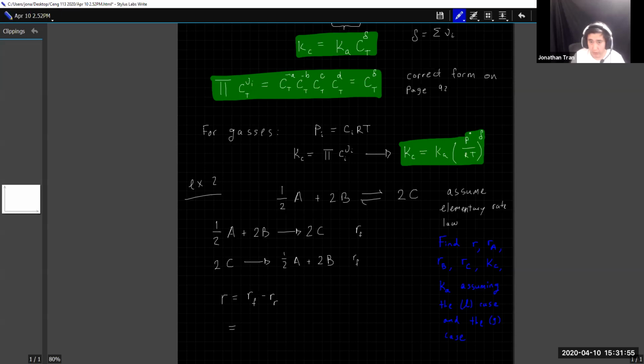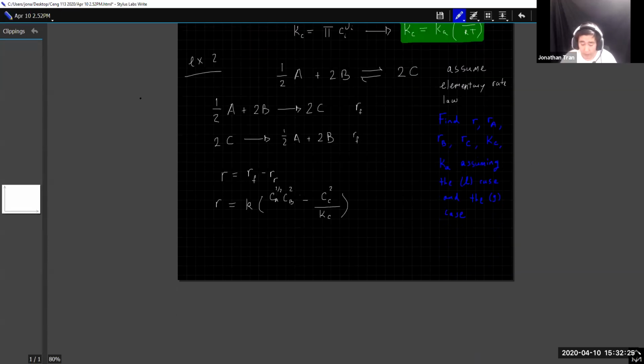In this case, using equation 3.19, we know that the general form is going to look like K times, in this case, C sub A to the power of 1/2 C sub B squared minus C sub C squared over Kc.